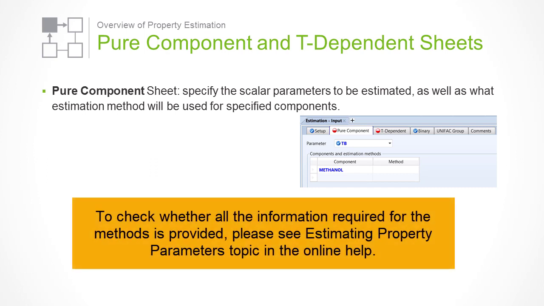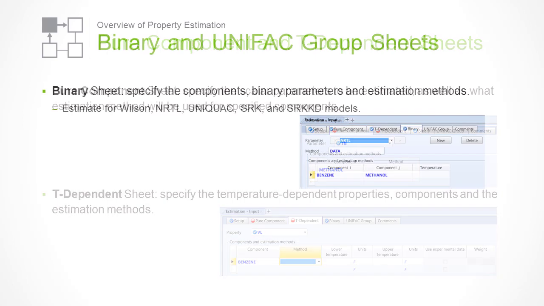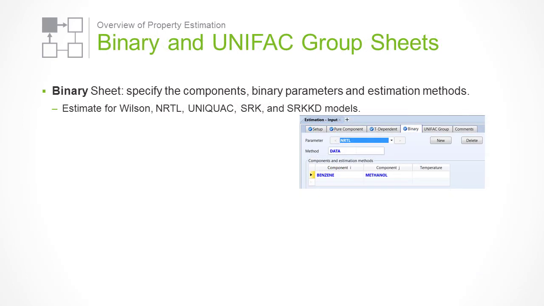To check whether all the information required for the methods is provided, please see the Estimating Property Parameters topic in the online help. The T-dependent sheet is similar to the pure component form, but it requires temperature-dependent parameters to be specified for estimation. The binary sheet is used to specify the binary parameters to be estimated.